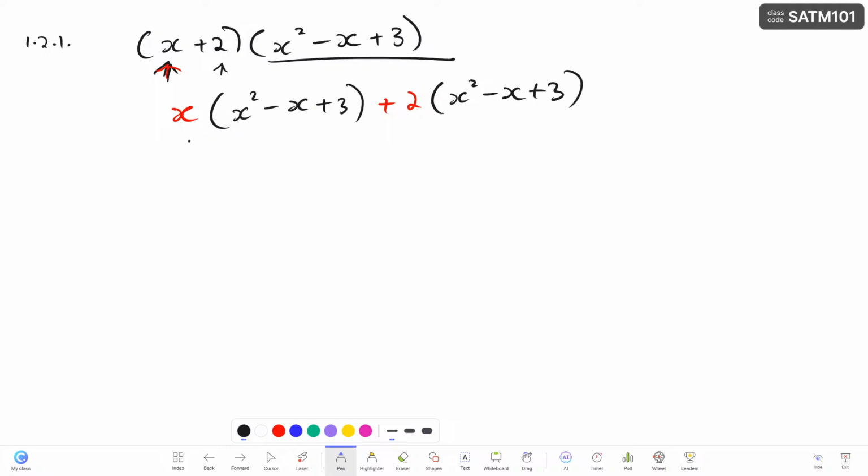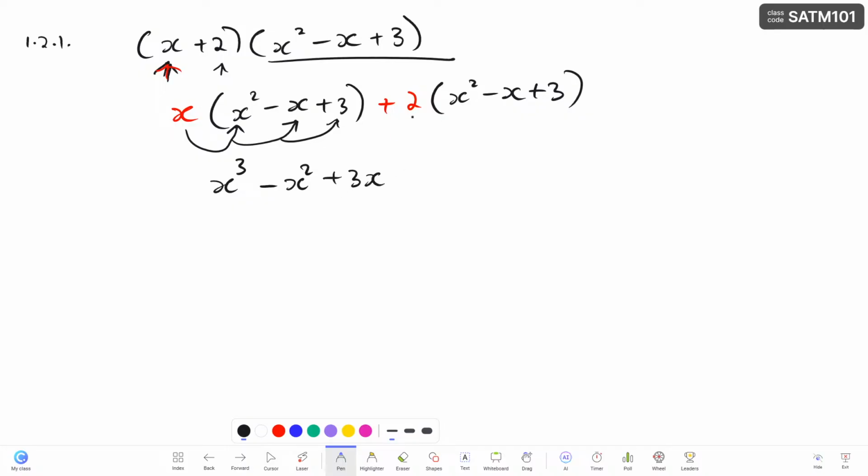Now we take x and multiply with x squared, which gives us x cubed. Then x times negative x gives us negative x squared. Then the red x multiplied with positive 3 gives us positive 3x.